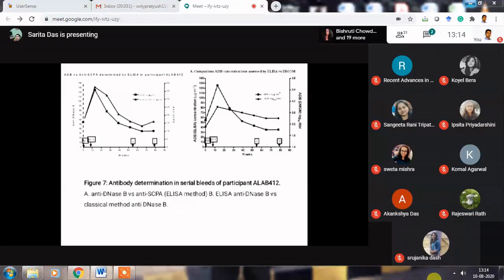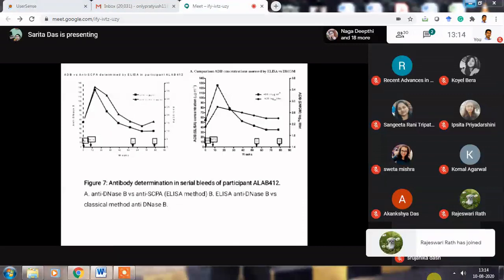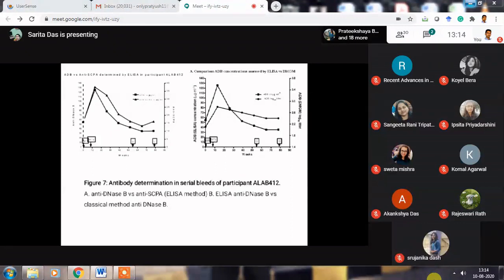So here we found that infection with group A strep increased the ADB level, the anti-DNase B level, significantly. Here we used two other parameters also, like the anti-SCPA. SCPA is the C5a peptidase protein of Streptococcus. So Streptococcus C5a peptidase is also used because group A strep has different types of antigens in response to infection, so just using one antigen won't be sufficient.